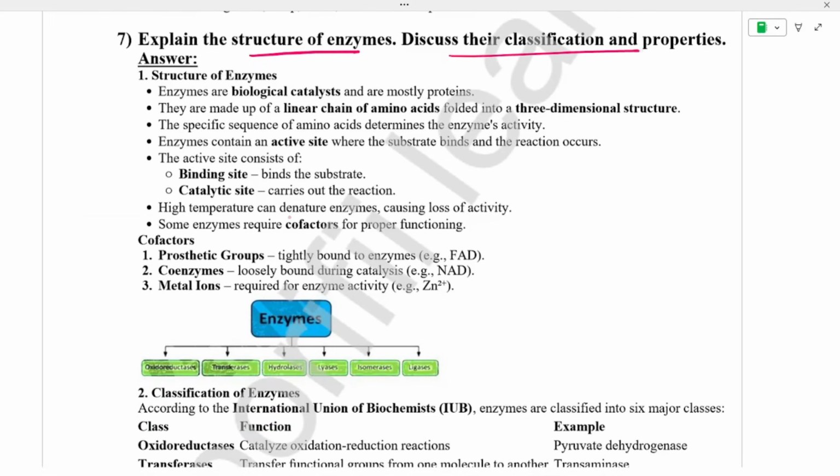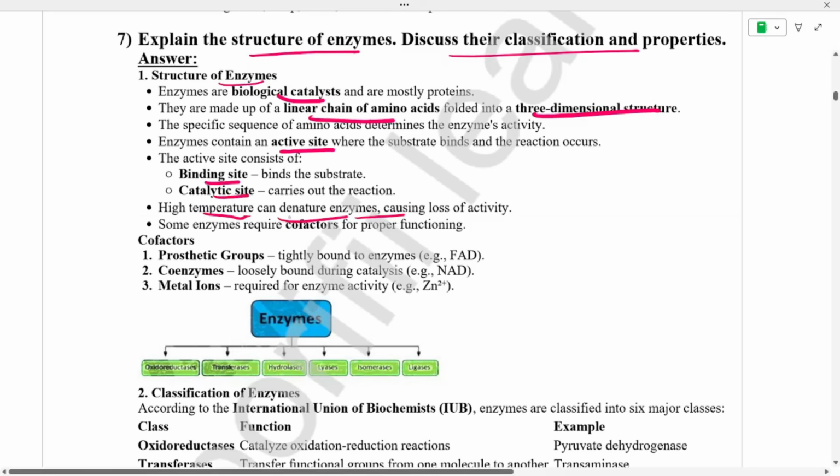Structure of enzymes and classification and properties. Enzymes are biological catalysts, a linear chain of amino acids folded into a 3D structure. They have an active site consisting of a binding site and a catalytic site, and high temperature can denature the enzymes, causing loss of activity.